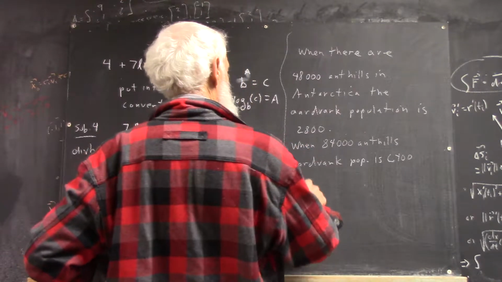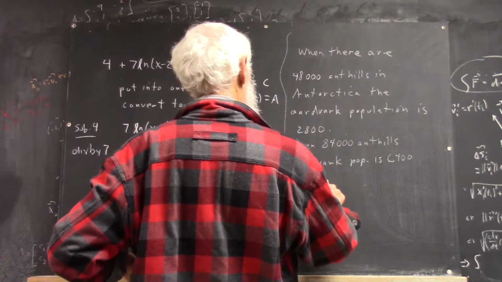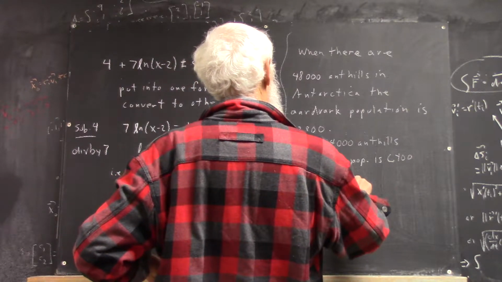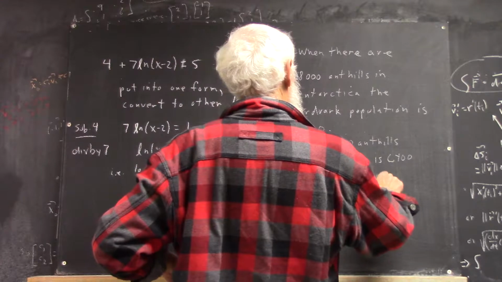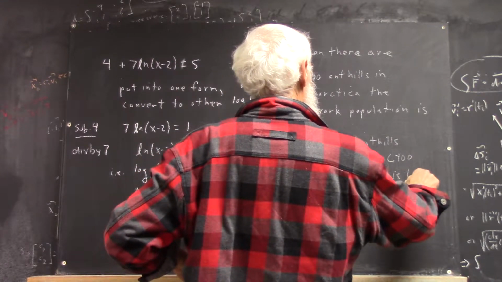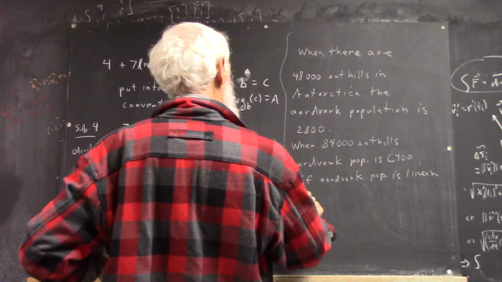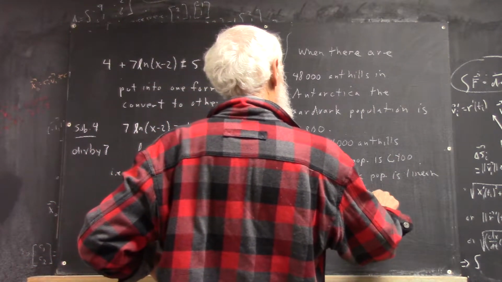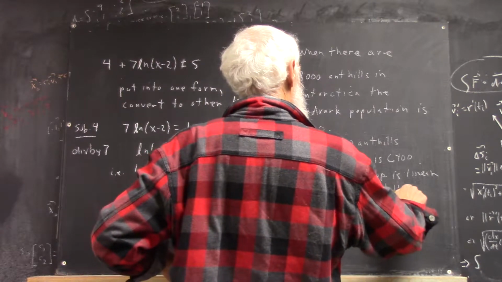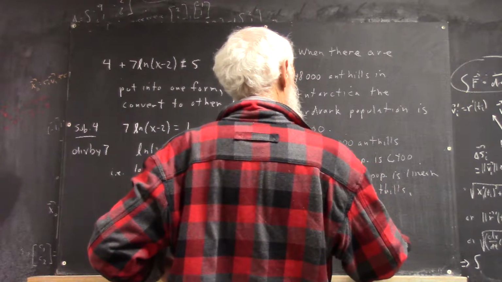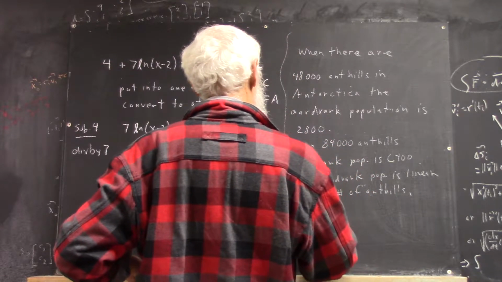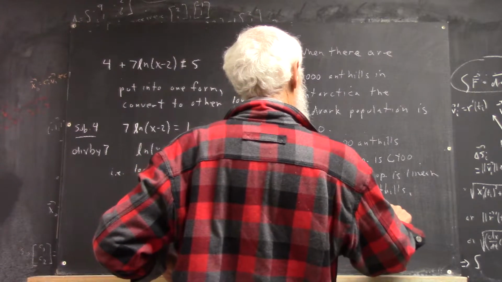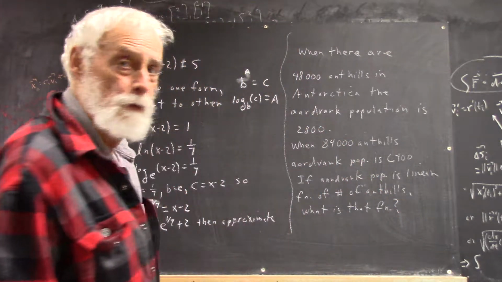So we have a couple of questions. If the aardvark population is a linear function of the number of anthills, what is that function?